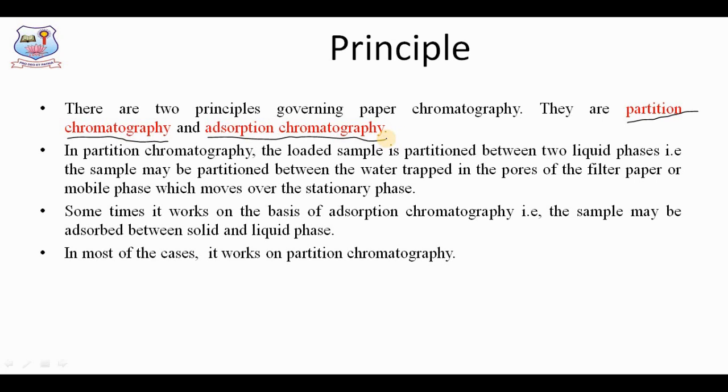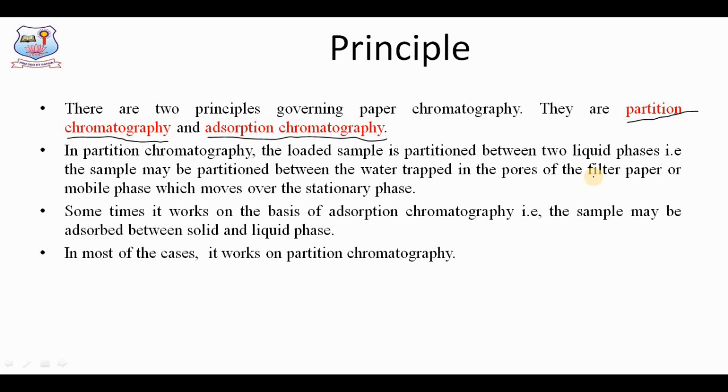On some occasions, the chromatography may work on the adsorption chromatography principle, which means the sample is adsorbed between the solid and liquid phase. I mean the stationary or liquid phase.